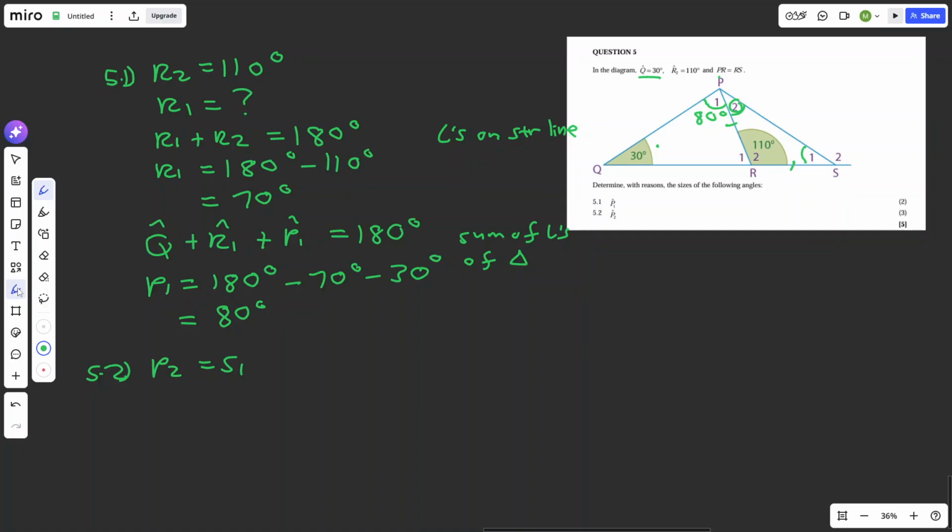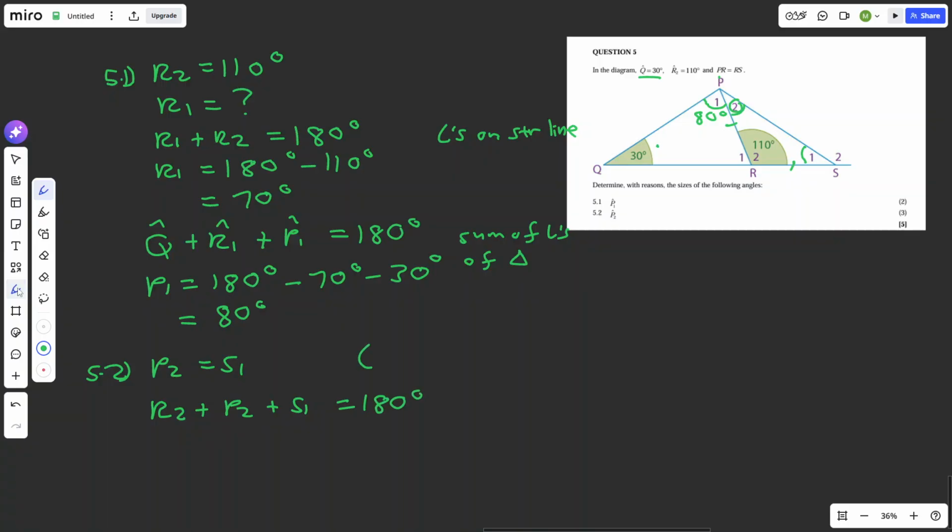S1. Why? Because we're given that PR and RS are the same, so the base angles are equal. Since the base angles are equal, we can equate them. So now we can take R2 plus P2 plus S1 and equate it to 180 degrees.